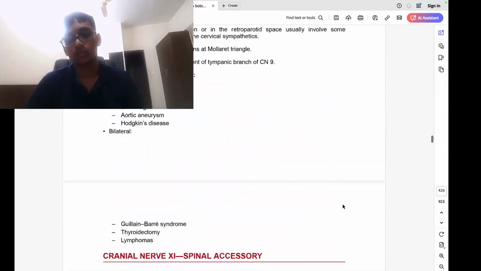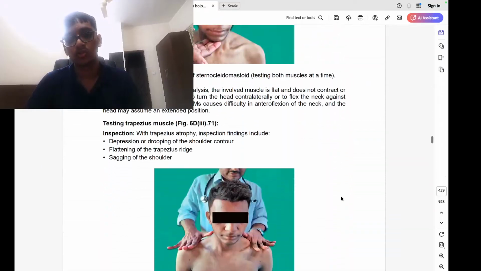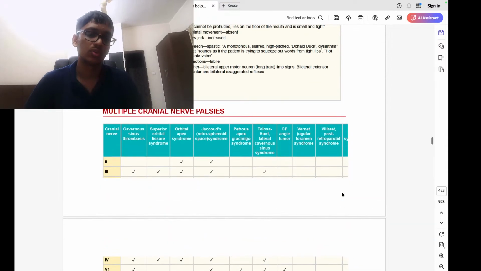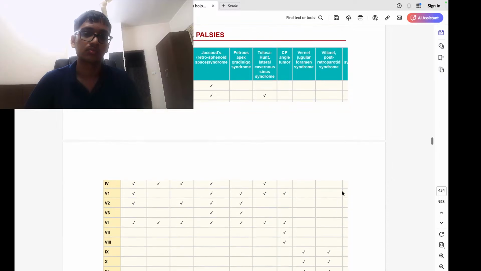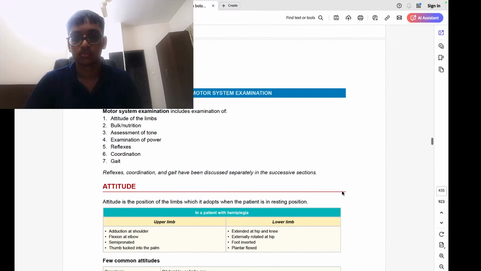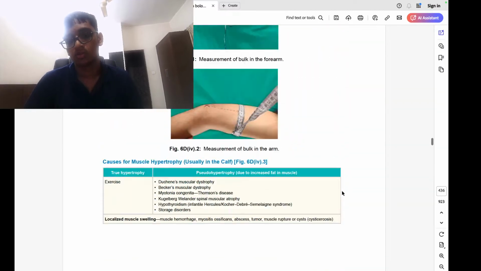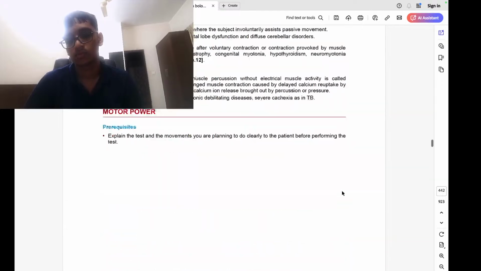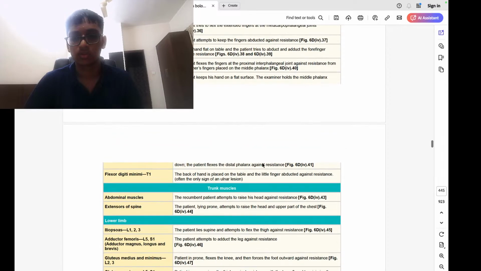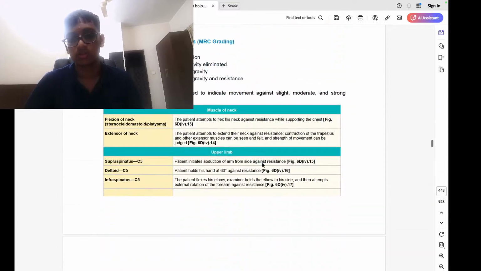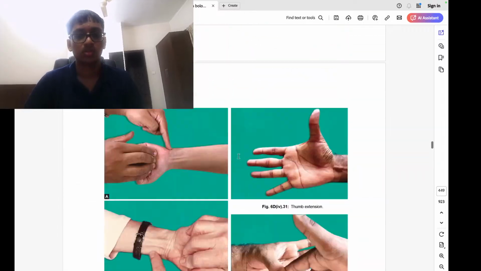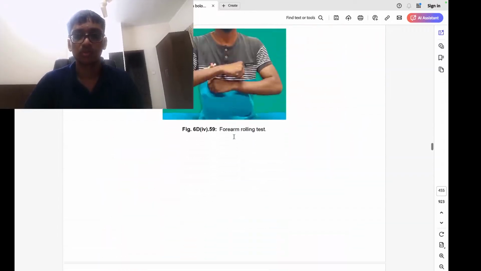There's a lot of things, but not everything is important. CNS is such an extensive topic that there's no way everything will be involved. I mean, motor examination is simplest, I feel. You just have to do tone and a lot of these things. These tables are genuinely useless. Then these images will take a very short time.